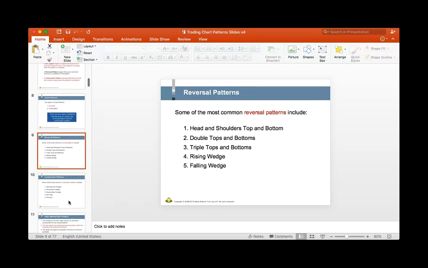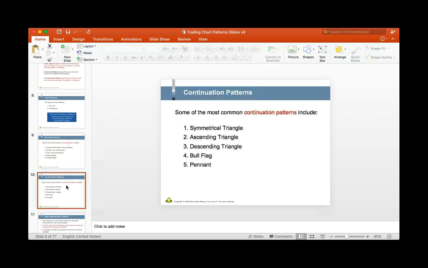These are the typical reversal patterns: head and shoulder top and bottom, double head and shoulder, double top and bottom, triple top and bottom, rising wedge and falling wedge. These are the common reversal patterns. For the continuation patterns, there are a few: the triangles, which are symmetrical triangles, ascending triangle, descending triangle, bull flag and pennant.